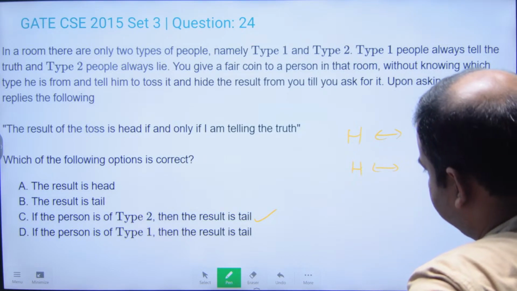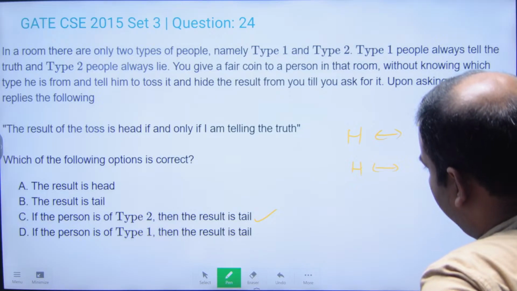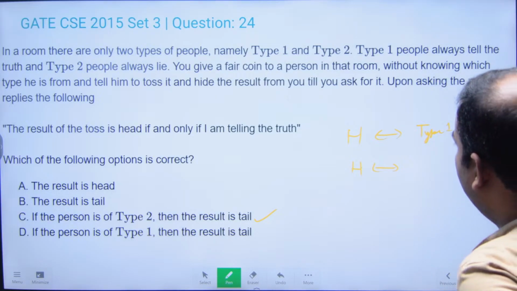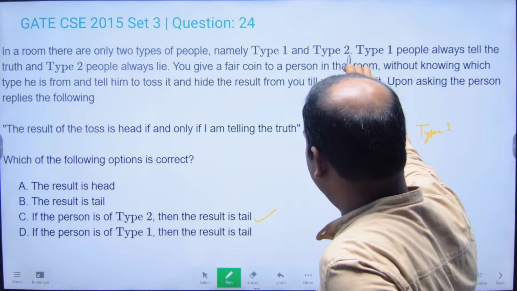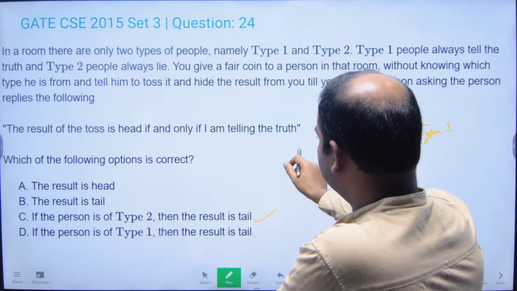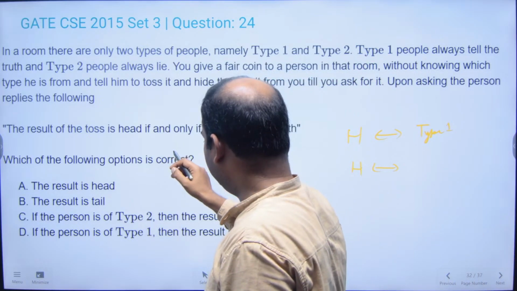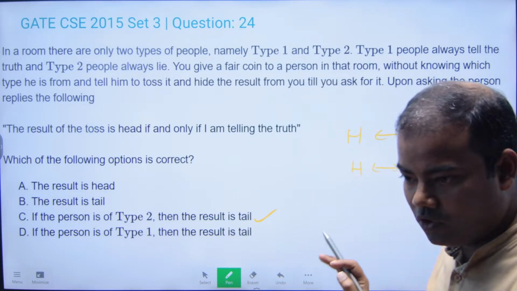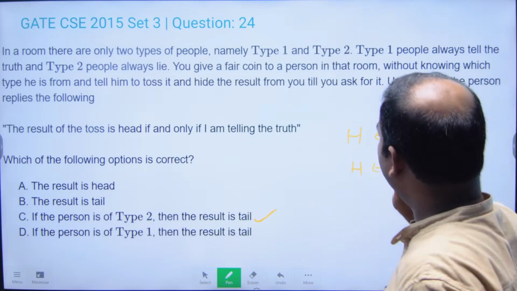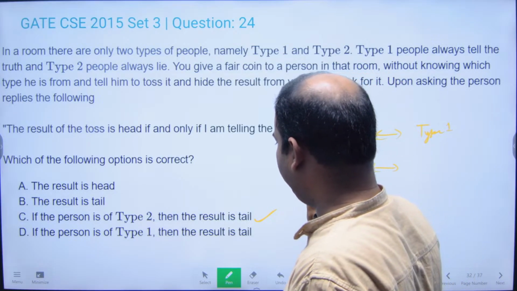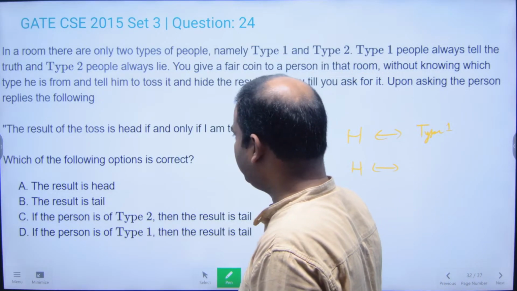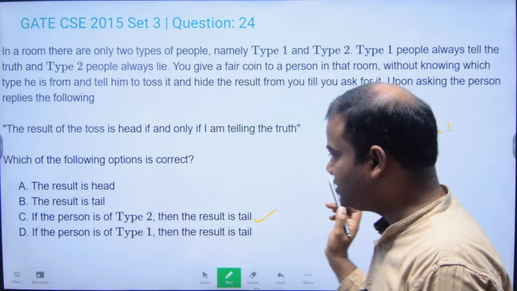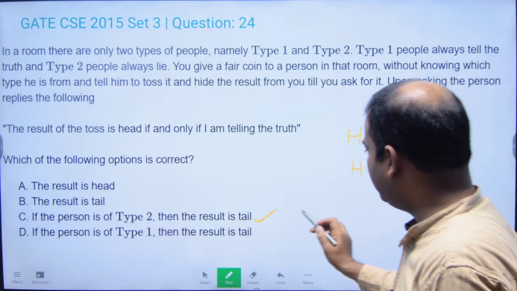So how to find which of the following options is correct? Result is, if the person is type 2, then the result is tail. If the person is type 2, then he is not telling the truth, so this is definitely correct. There is no doubt in this, because if the person is type 2, then he is not telling the truth, so the result of the toss is tail.